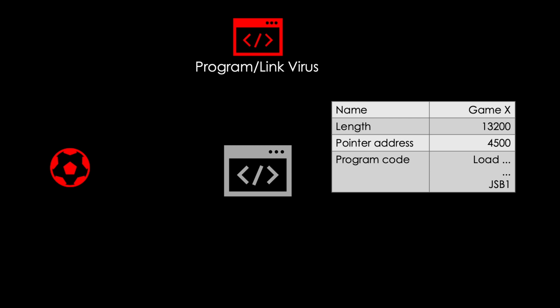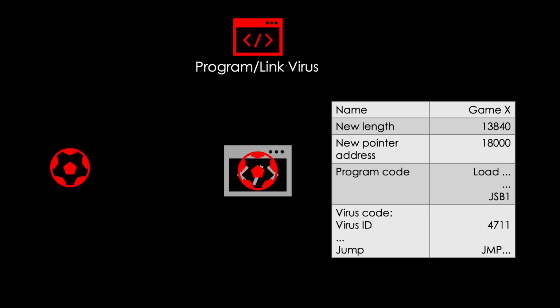So you imagine double-clicking the program, then there's some kind of pointer, in this case it's 4500, and upon starting the program, it jumps to this address in order to execute the program. So far, so good. Now, if a program gets infected, obviously the length, so the byte size, changes, and I will come back to this a bit later.